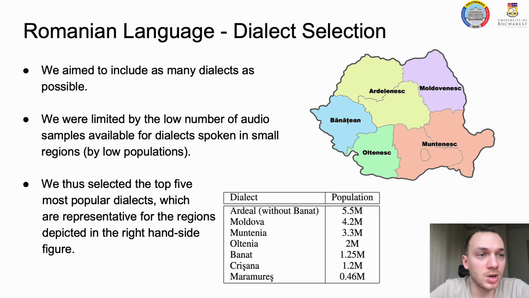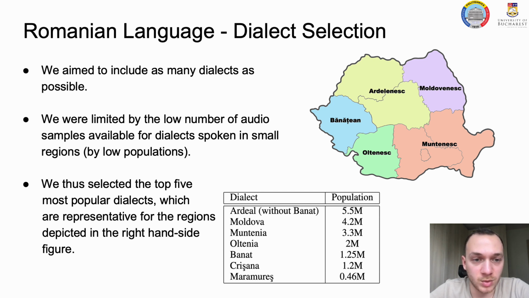Now, let's talk a bit about how we selected the dialects. We aimed to include as many dialects as possible. Also, we were limited by the number of audio samples available for dialects spoken in small regions. Thus, we selected the top 5 most popular dialects, which are representative for the regions depicted in the right-hand side figure.